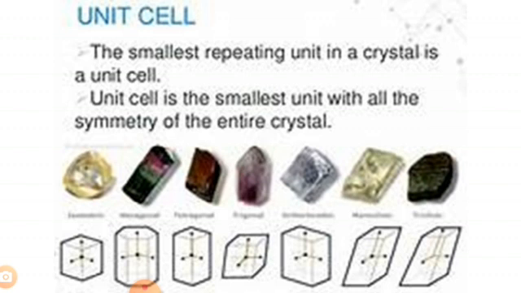They are grouped into 32 classes on the basis of symmetry, and then into 7 crystal systems on the basis of shapes of unit cells. So the 7 crystal systems are cubic, tetragonal, orthorhombic, monoclinic, hexagonal, rhombohedral and triclinic.